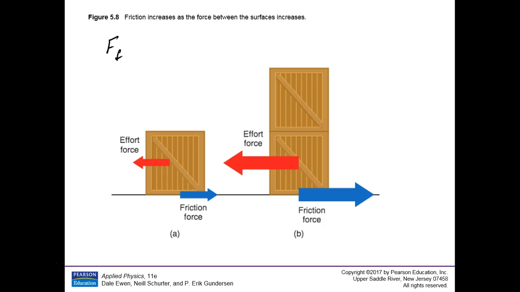The capital F is force, and the frictional force is equal to this symbol, mu. That's the coefficient of friction times the normal force, the force that's perpendicular to the motion. Okay? There is your basic equation for the frictional force. It's equal to mu, which is the coefficient of friction, times the normal force.